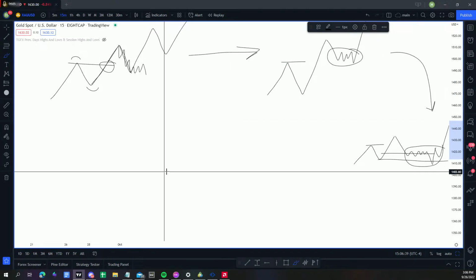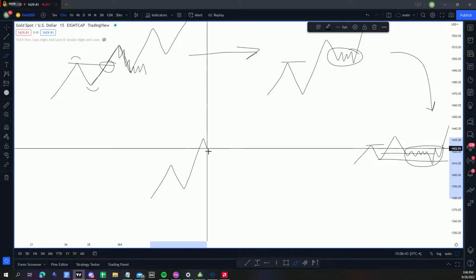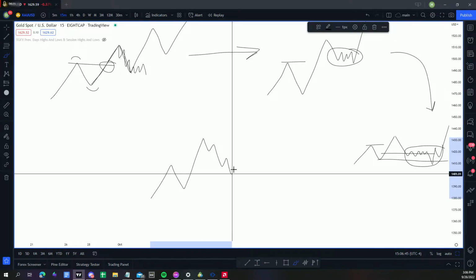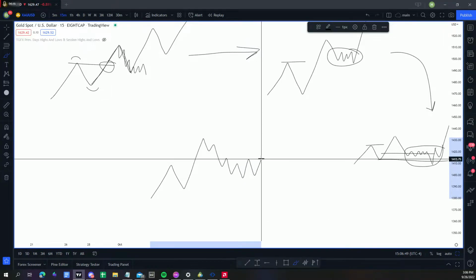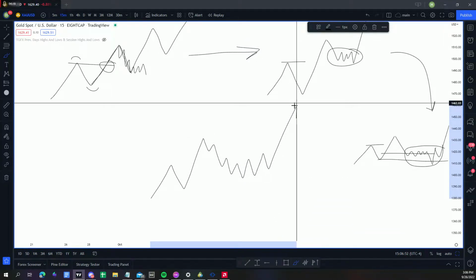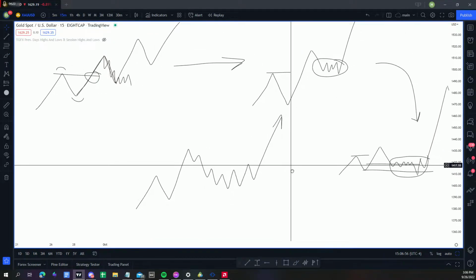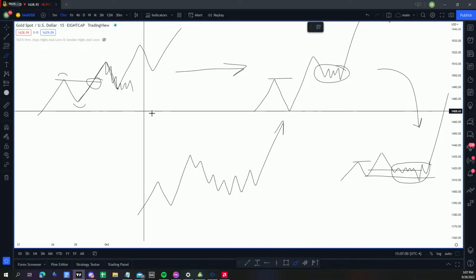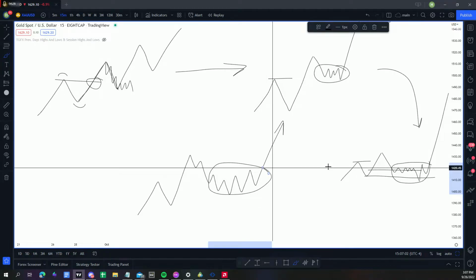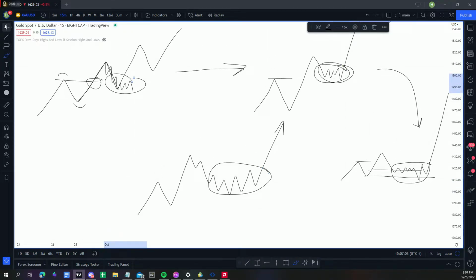Or you could see something that is more textbook, where price will pull back, pull back, pull back, boom, initial break up to the top side, pull back again, boom, then go. There's a bunch of variations here, but the idea is to get you to understand the core concept of price delivery within a range, and that you are looking for this here, this here, this here, this here, and seeing it all as the same thing.